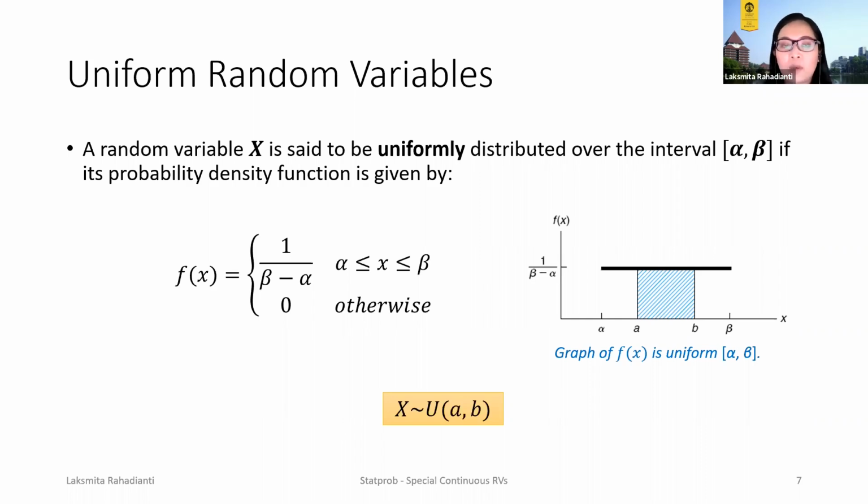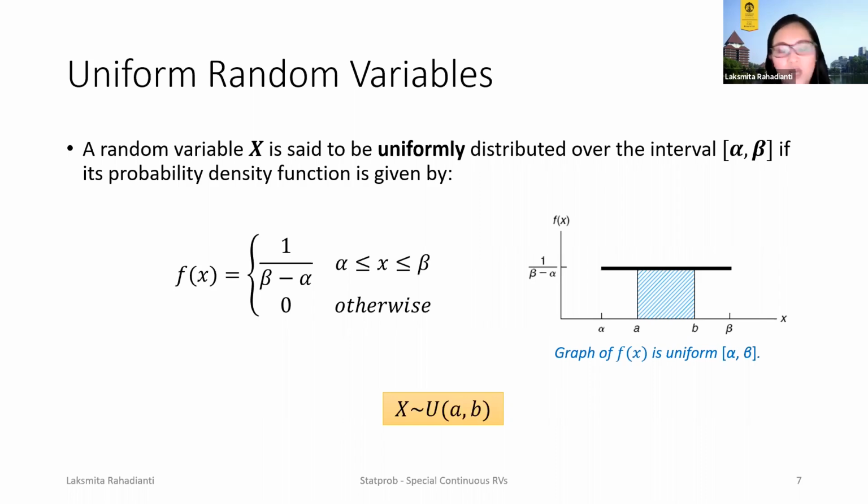So when we were talking about a PDF, the probability of your random variable being between certain limits A and B, we know that it would be a certain value, right? But in this case, we actually know the exact value. We know that exactly at every single point between A and B, the probability is uniformly distributed.